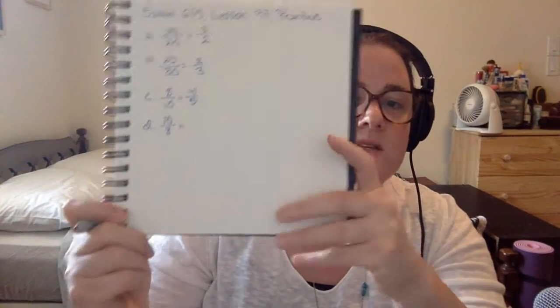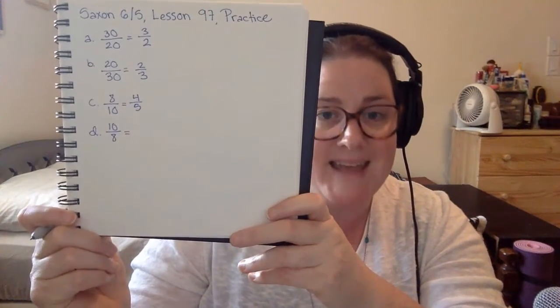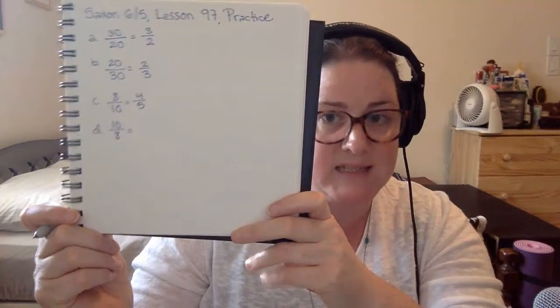D asked me what is the ratio of blue socks to red socks. So for D, when it's asking about the ratio between blue socks and red socks, blue socks needs to be the numerator and red socks needs to be the denominator. So my first ratio is 10 to 8.